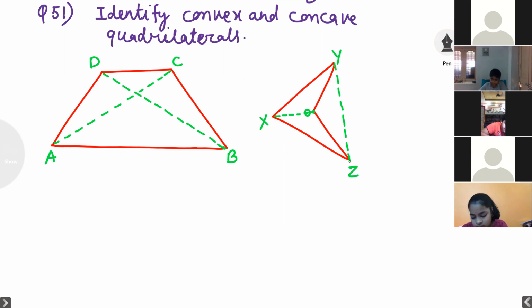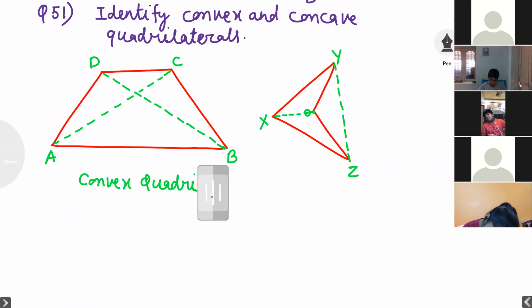This is called a concave quadrilateral. The first one is a convex quadrilateral, and the second one is a concave quadrilateral.